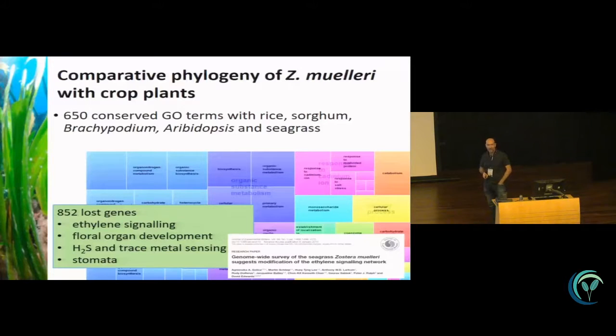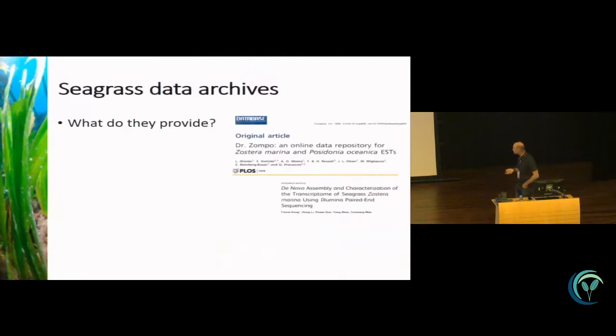Both of these compounds, H2S and metals, are very, very important to the roots of seagrasses. So perhaps we've lost higher plant lab rat versions, but I'm sure in our transcripts and in our assembled genomes we're going to find some very, very interesting data in that space. Loss of stomata, obvious. There's no need for the stomata.